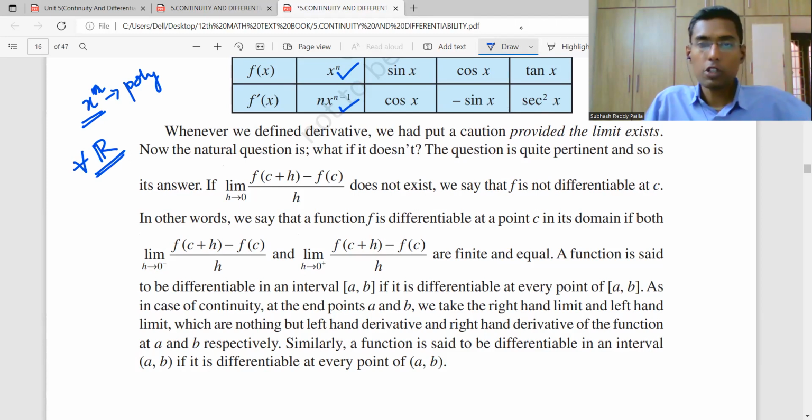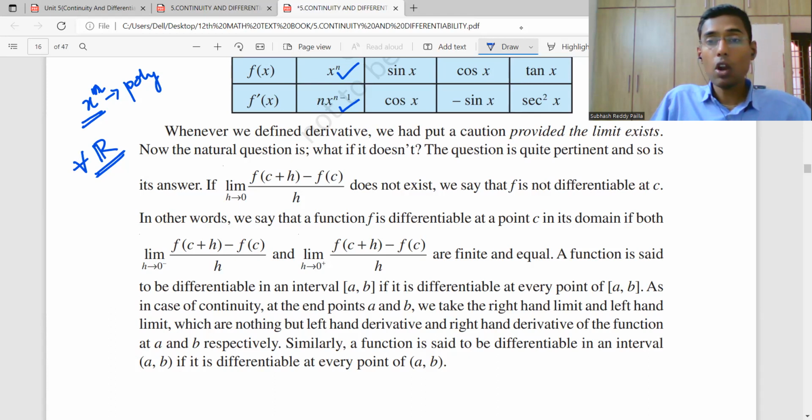Differentiable functions means what? They are differentiable in their domain, at every point in the domain. So sin x is a differentiable function. Where is it differentiable? All real numbers, because the domain is all real numbers. Cos x is differentiable where? All real numbers. Tan x is differentiable where? In its domain. What is the domain?